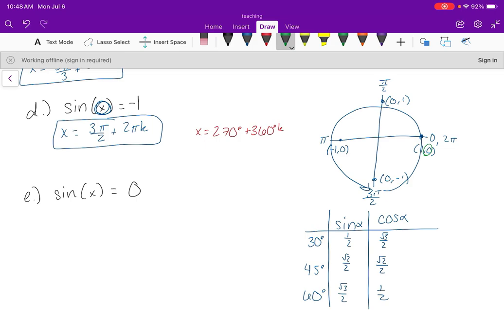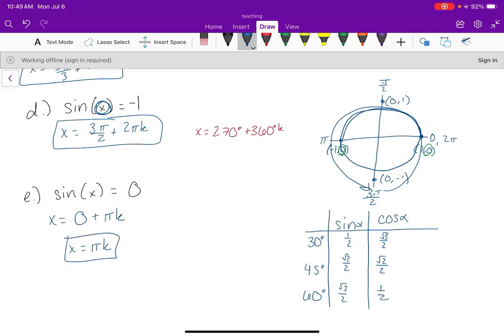That happens here and also here. So it happens at 0. It also happens at pi. So this is one of those cases where we're only having to go half the circle around to get our new answer. So I would say 0 plus pi k. X equals pi k. In degrees, this would be 180 degrees k.